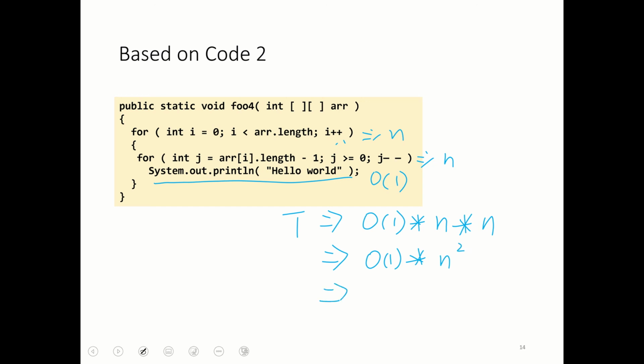Since we know this is constant, we can just remove it, and find the lower order terms over here. We can remove them as well. So only n squared is left, which gives us big O(n squared).